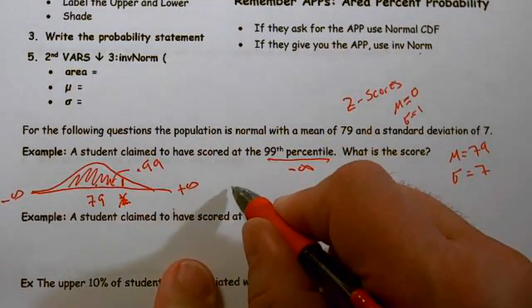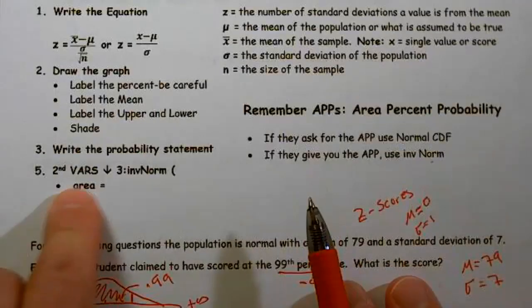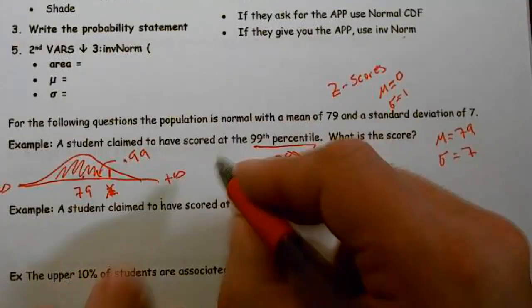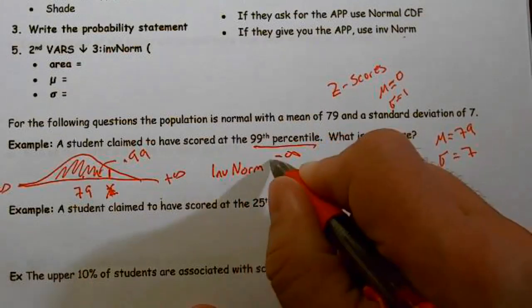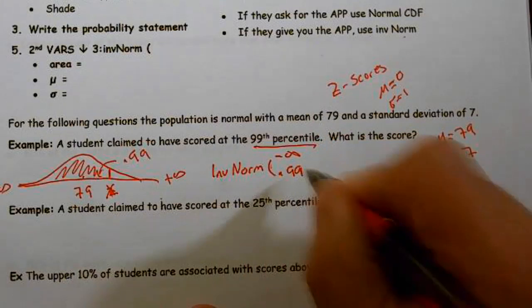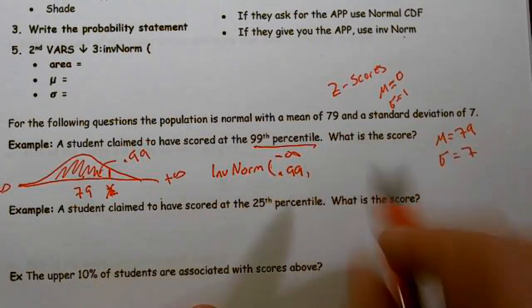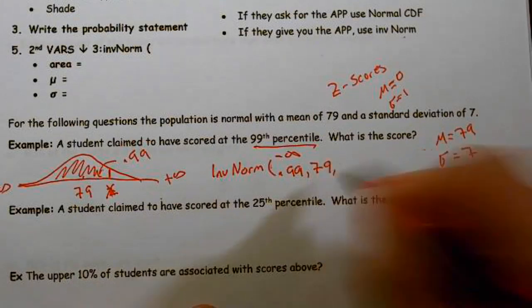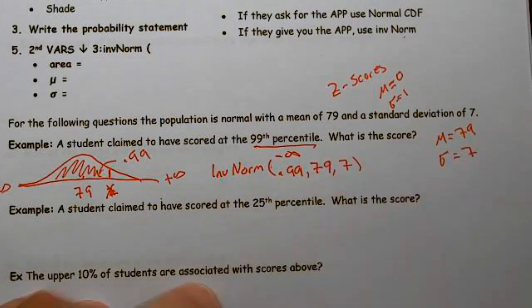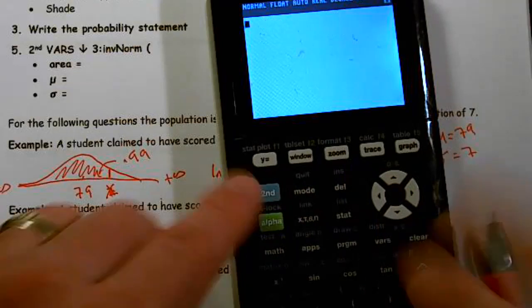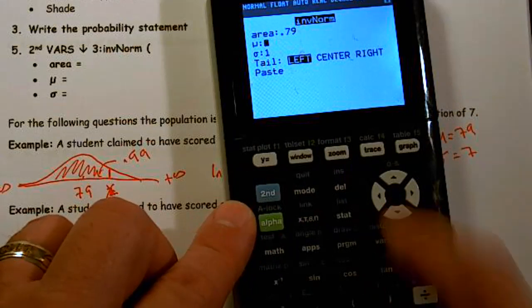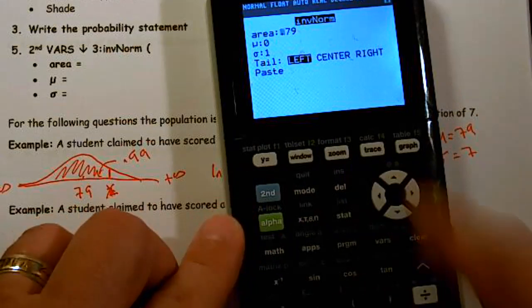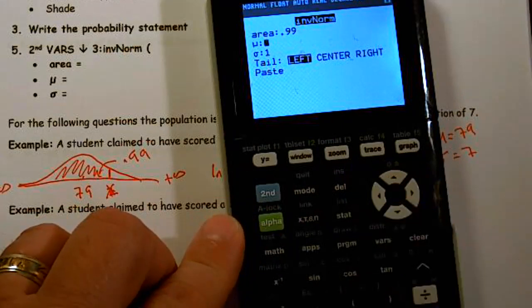So we're going to use the same calculator function, which is second var's inverse norm. We know that the area is going to be 0.99. And now we're plugging in the actual values, which is going to be 79 for the mean and 7 for the standard deviation. So second var's inverse norm, area 0.99, mean of 79, standard deviation of 7.